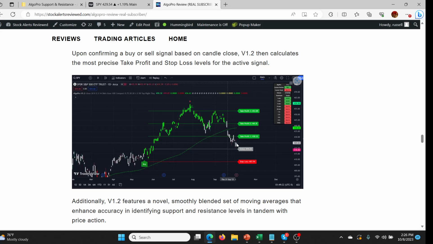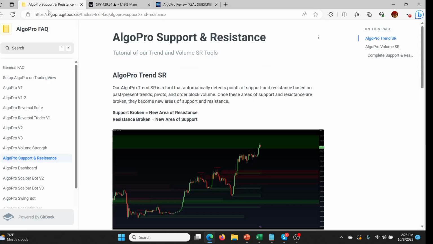You usually have to add extra things in, like volume profiles, support and resistance, confluence with other things. And that's where I think a lot of people will fail with these systems if they don't devise their own system based on a lot of the tools that they're supplied with from these types of algorithms, and Algo Pro is no different.